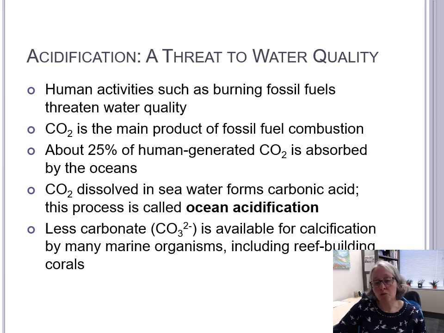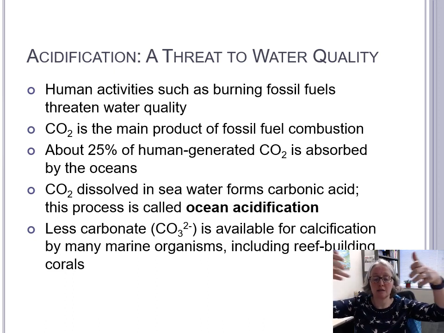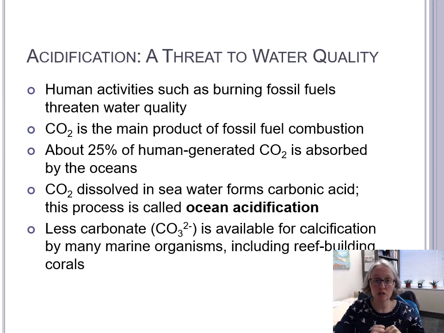When we put a lot of extra CO2 in the atmosphere, some of that CO2 is getting absorbed by the oceans. The oceans are serving as a big buffer system for our planet. So some of that CO2 is going into the oceans and becoming an acid.